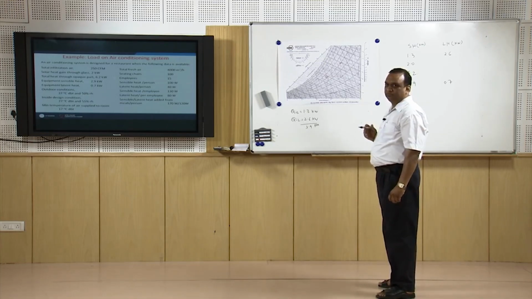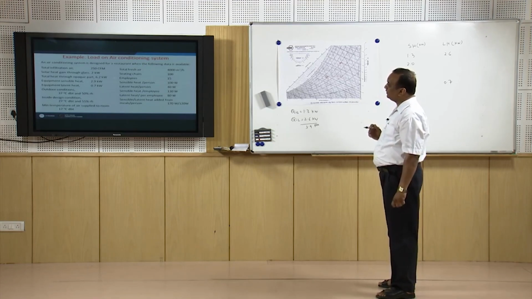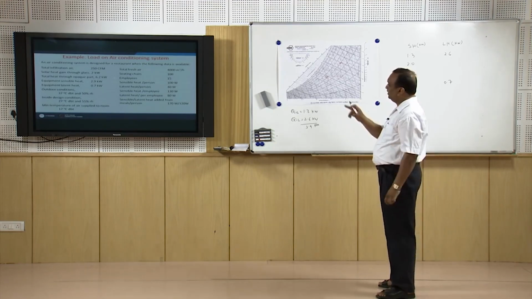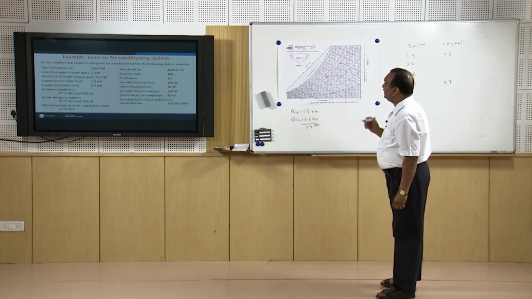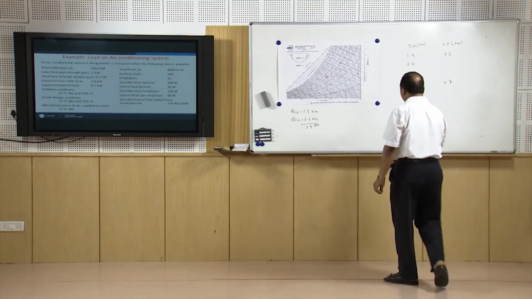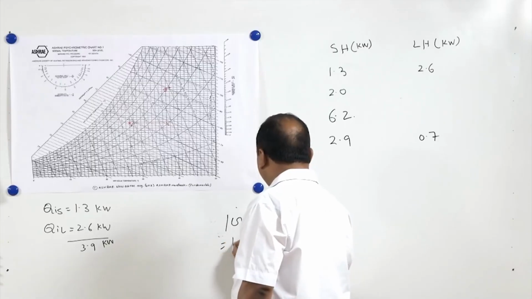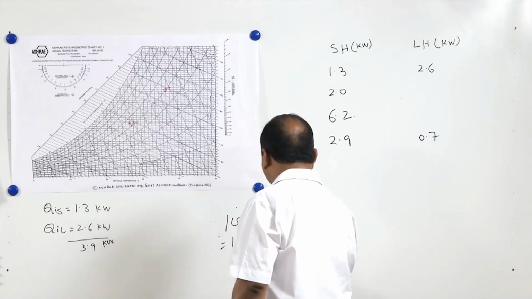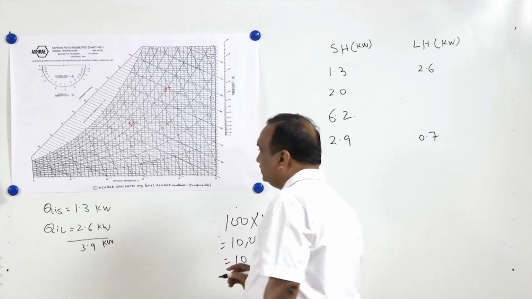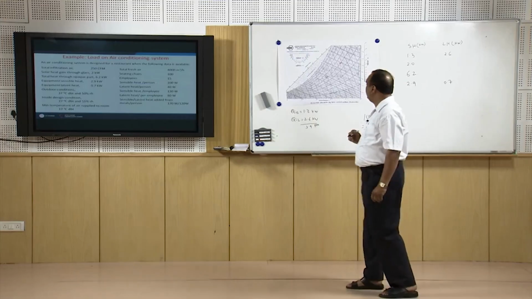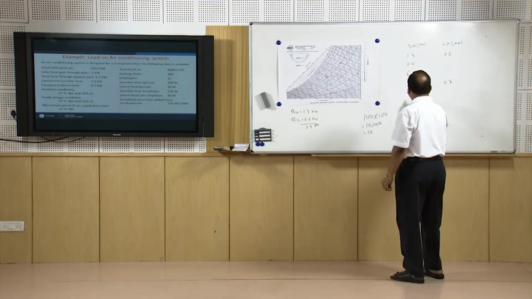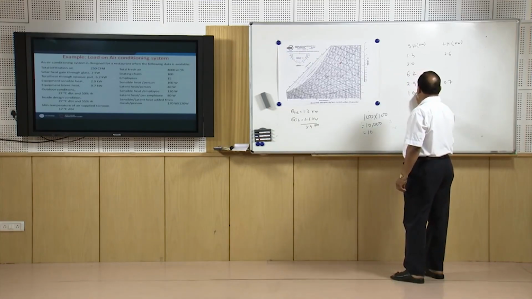So let us go for the maximum capacity. The restaurant is full. So 100 watts multiplied by 100 persons will give 10,000 watts or 10 kilowatts. So sensible heat addition to the room is 10 kilowatts by occupants.